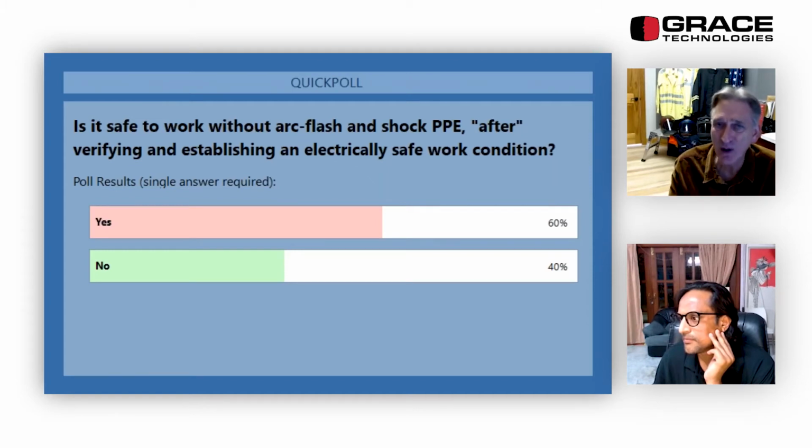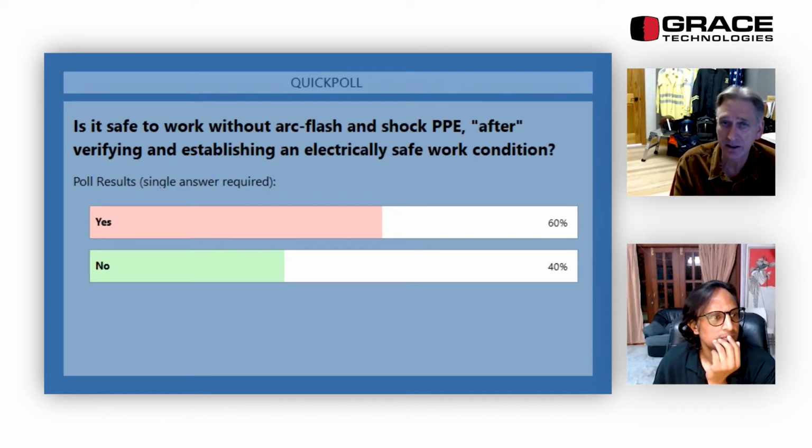But once you put the equipment in an electrically safe condition, it's not just testing for the absence of voltage. You've got all these 7 or 8 steps that are necessary, including lockout tagout, which itself has multiple steps.